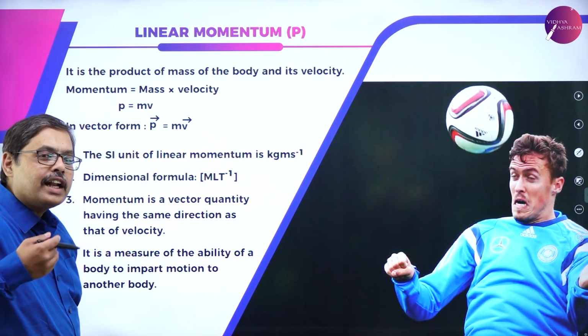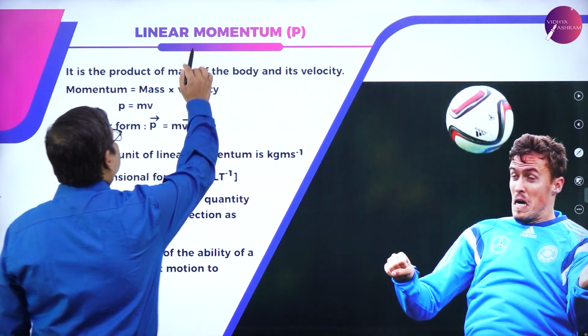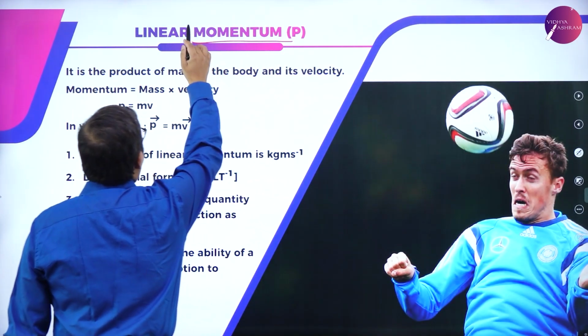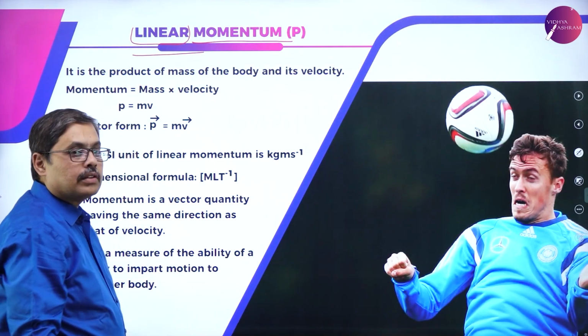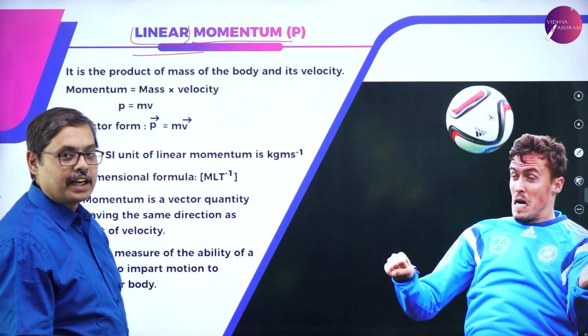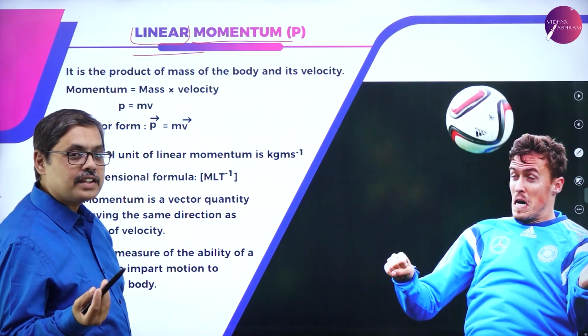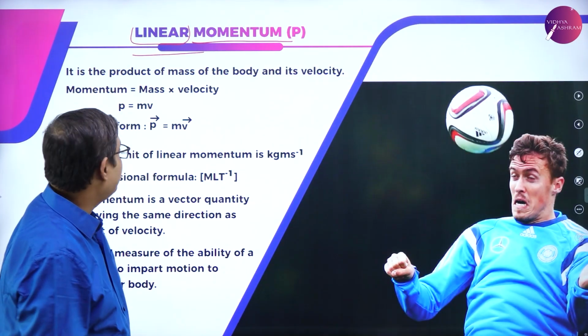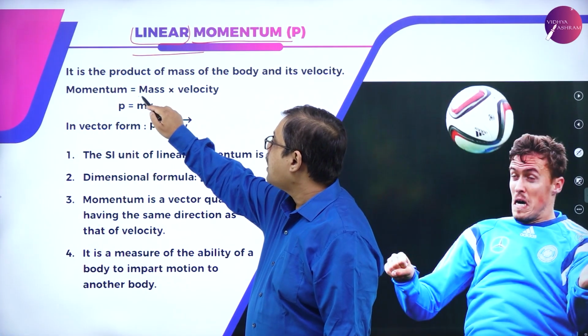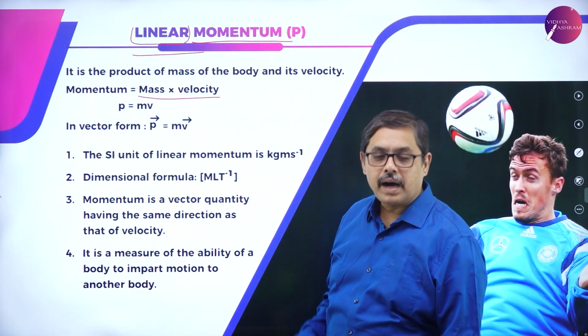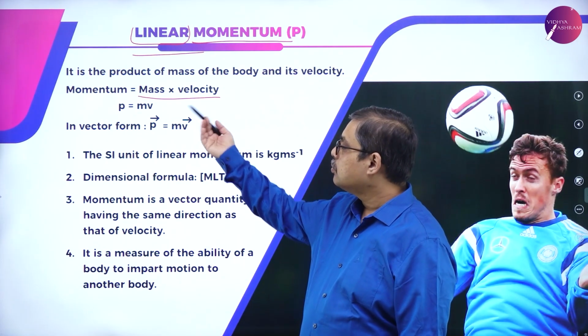Let us come to another interesting topic which is called momentum. In this case, we will study linear momentum. We will come to angular momentum at a later point of time. Let us try to understand what is momentum or linear momentum. Momentum is the product of mass and velocity. Mass into velocity will give you momentum.